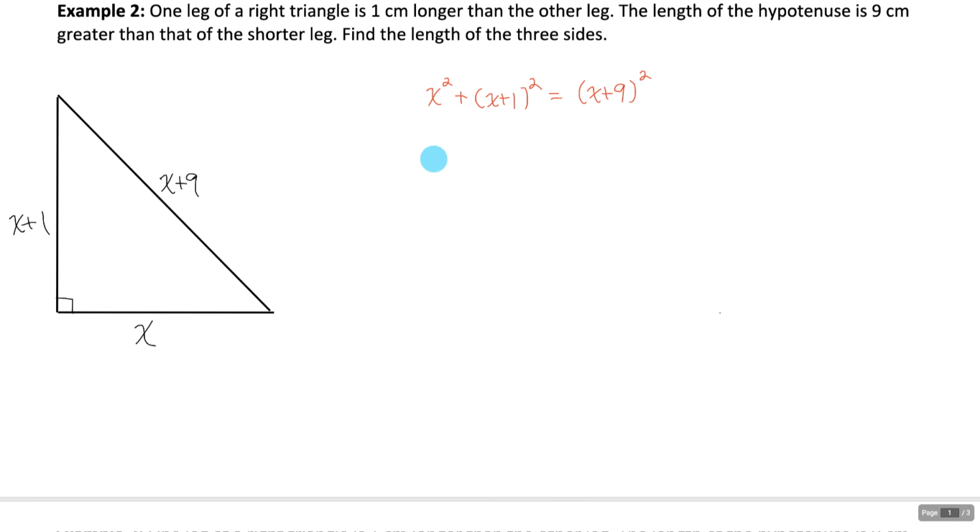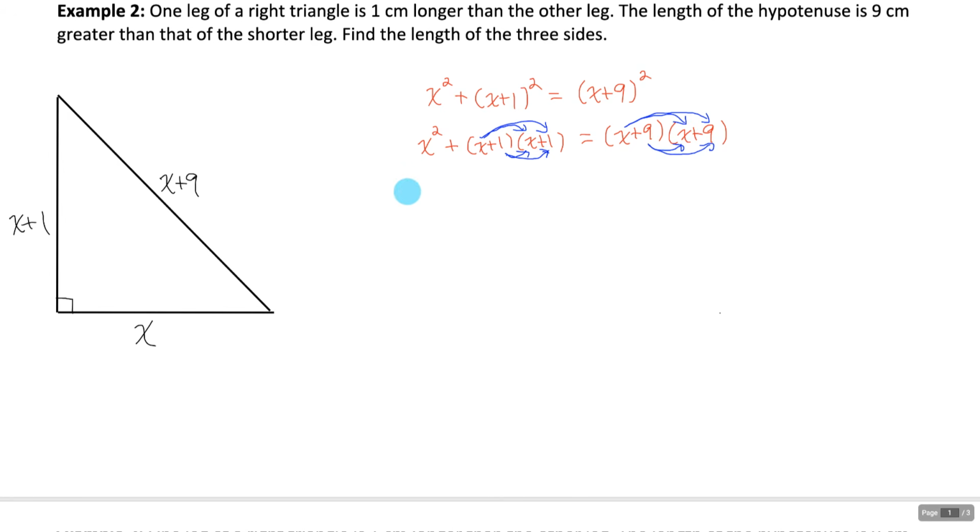To expand it, you're going to have to remember that to do (x plus 1) squared, that means x plus 1 times another factor of x plus 1. So I'll rewrite it like that. And (x plus 9) squared means we have two factors of x plus 9 being multiplied together. And then when I do those multiplications, you'll have to remember to follow the method of FOIL, which tells you you're going to have to multiply each term in the first binomial by each term in the second binomial.